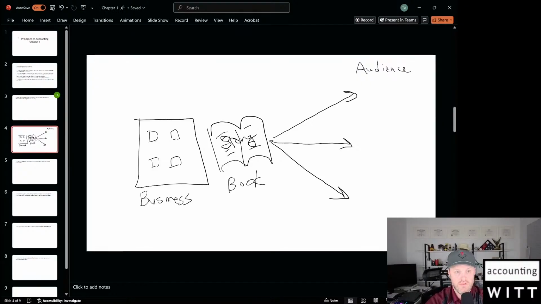I like to describe these audiences as external, like investors. Let's just call these external users. And then let's say the government. And then let's say internal users.